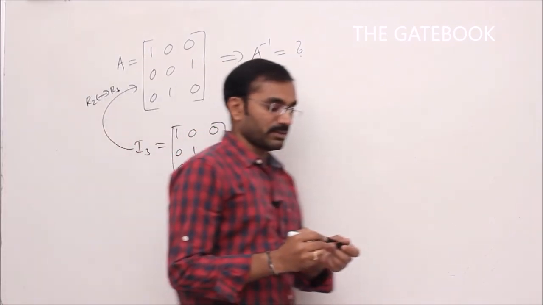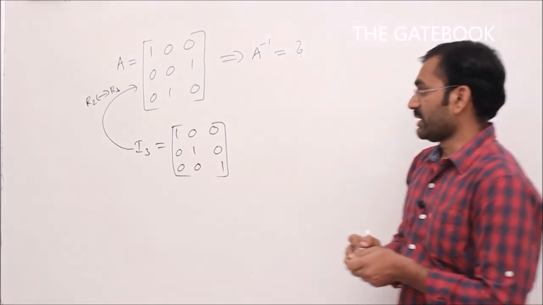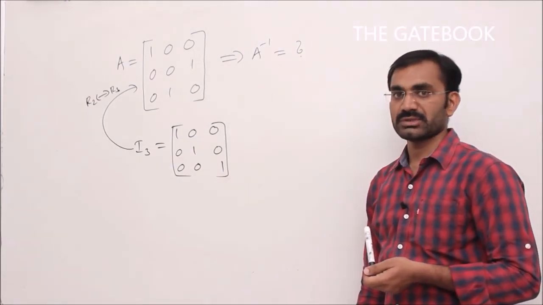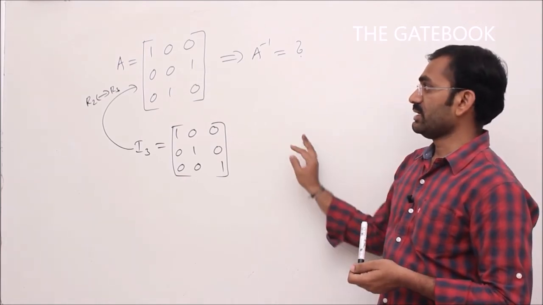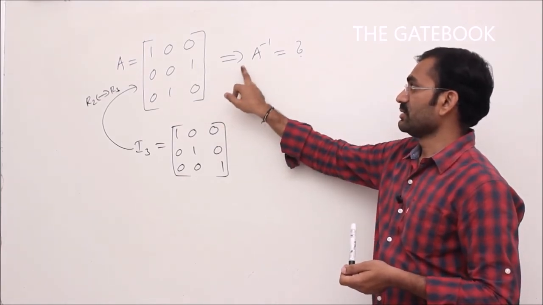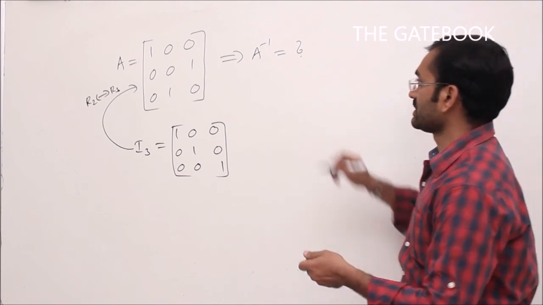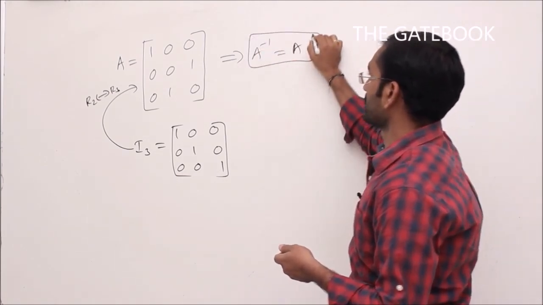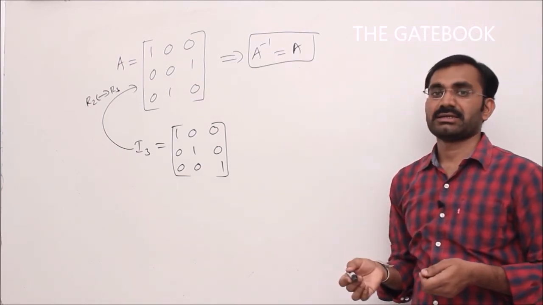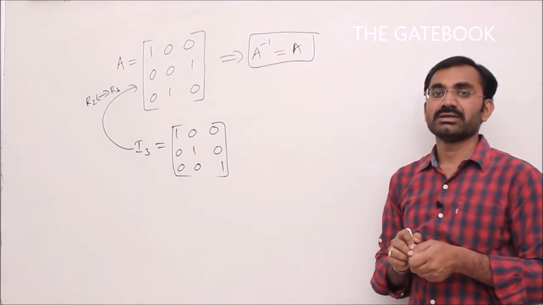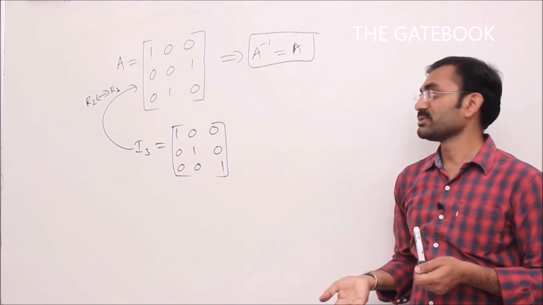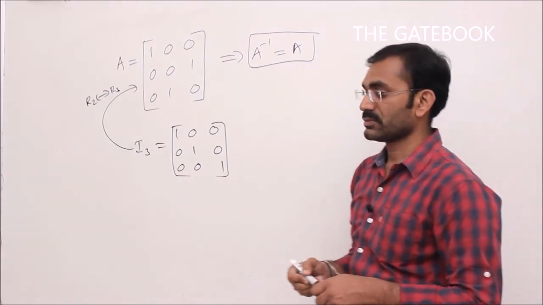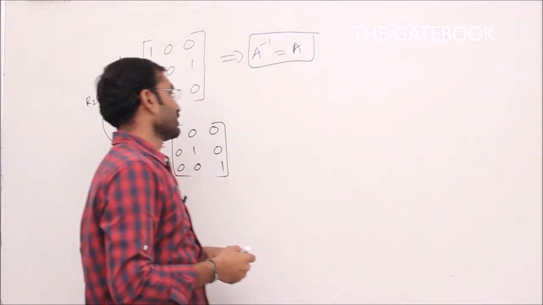If a matrix is obtained from the identity matrix by interchanging any two rows or two columns, then the inverse of that matrix is itself. You can say that A inverse is itself, again A. So the inverse of any matrix obtained by interchanging any two rows or two columns of the identity matrix is itself. So no need to go for a regular procedure.